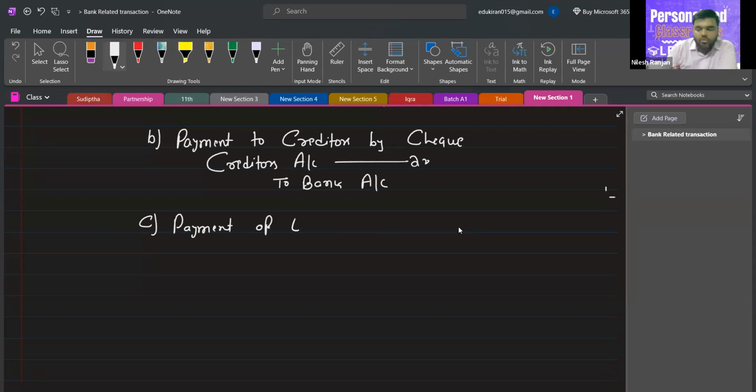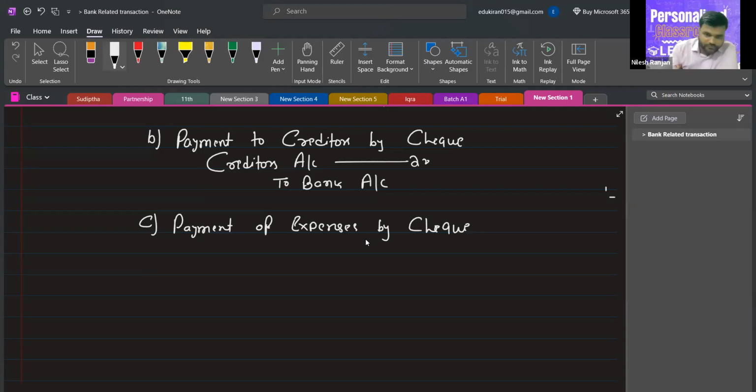Now, can you tell me what is the journal entry for expenses paid in cash? Expenses account debit to bank account.